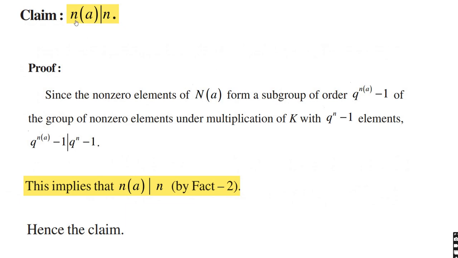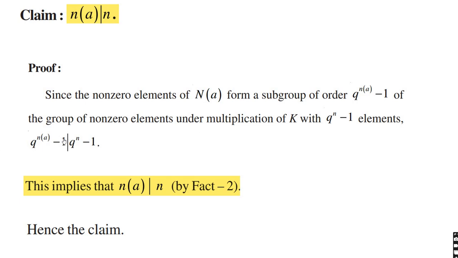Now what is the relation between this n_A and n? n_A must divide n. Now since the non-zero elements of N(A) form a subgroup of order q power n_A minus 1, non-zero elements; with 0 it is q power n_A. Non-zero means we are removing 0, so minus 1. It is a subgroup of the group of non-zero elements under multiplication of K. K has q power n elements, and removing 0, these q power n minus 1 elements will be there.